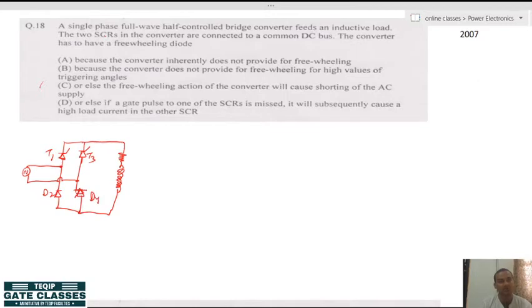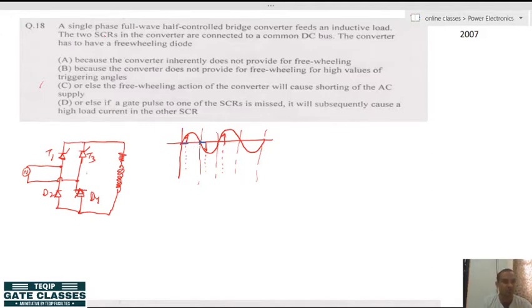During the time from the firing angle until the cycle becomes reversed and the gate pulse is received, one of the thyristors remains turned on, and the diode immediately becomes forward biased from this point.